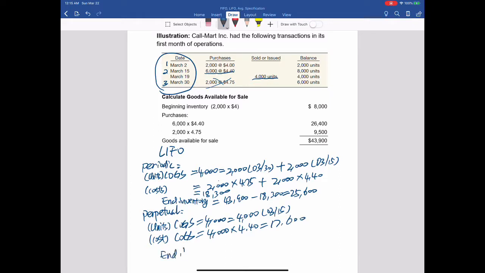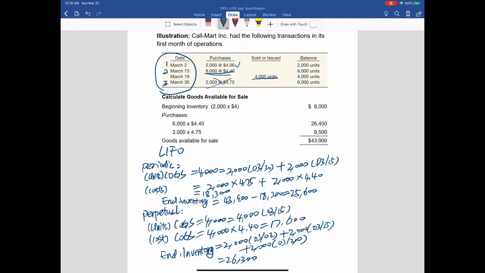And ending inventory. The ending inventory represents the inventory which are unsold or left. So we have 2,000 units left from March 2nd purchase. 6,000 purchased, 4,000 were sold, so 2 more thousand for March 15th. And another 2,000 are from the last purchase. Okay, so you can calculate and get $26,300.